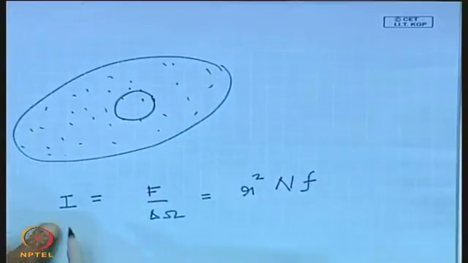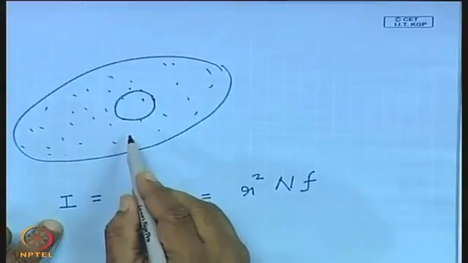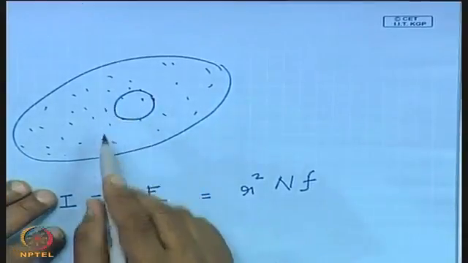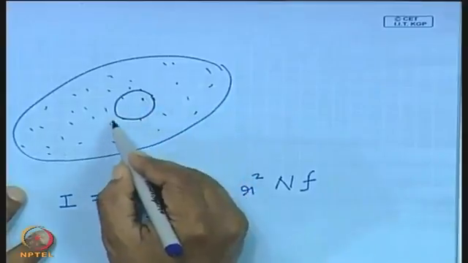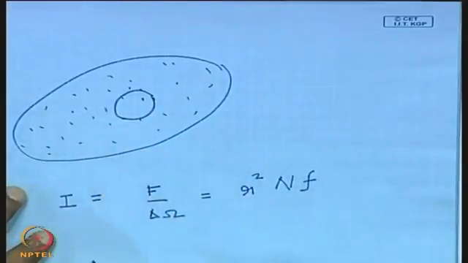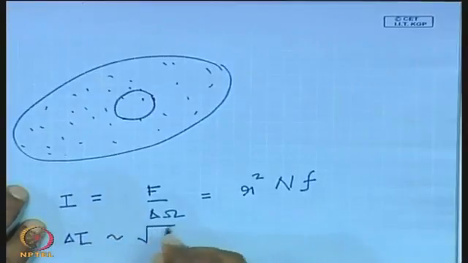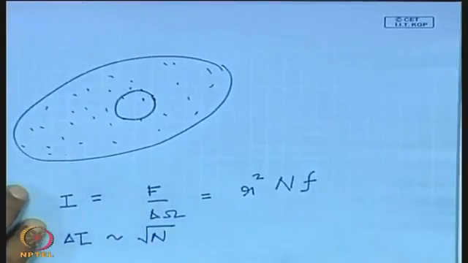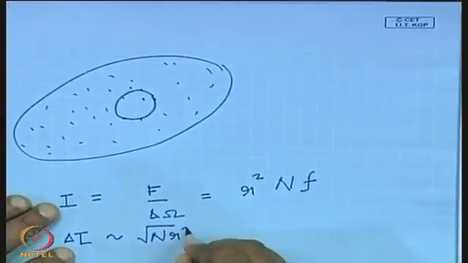Now, you see the specific intensity therefore comes from discrete points, and it then follows that the number of stars in this region will have Poisson fluctuations. So, the standard deviation in the specific intensity will be proportional to root n into r square.